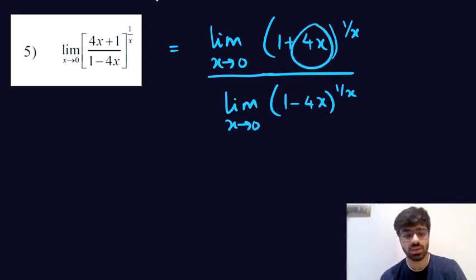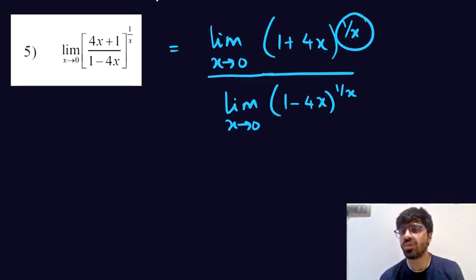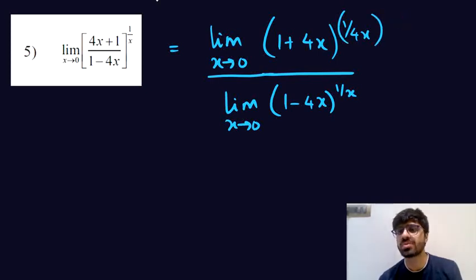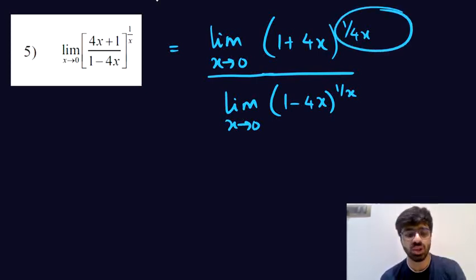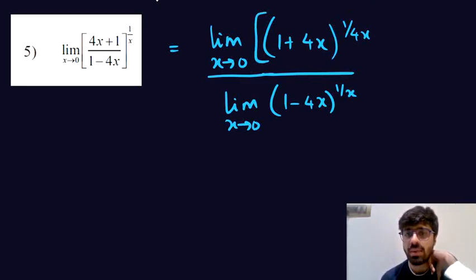If you have a 4x here, the power should be 1 upon 4x. So let's write it as 1 upon 4x. We can balance that 4 by multiplying this thing with a 4, and that 4 becomes the power of the entire term, because a power m the whole power n was a power m into n. We got a power m into n, which we will write as a power m the whole power n, and we will take limit inside the bracket.